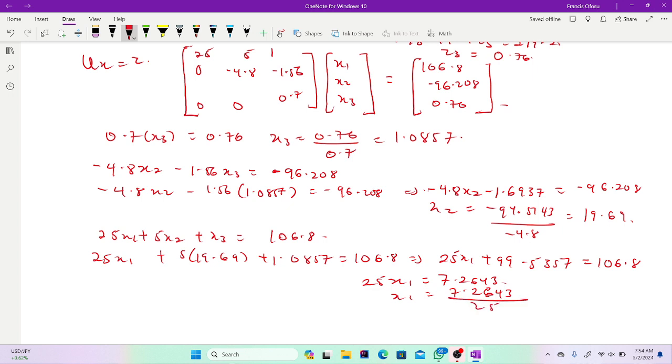All right, and what am I getting? I'm getting 0.29. Okay, 0.29. So therefore x1 is equal to 0.29, x2 is equal to 19.69, then x3 is equal to 1.0857.